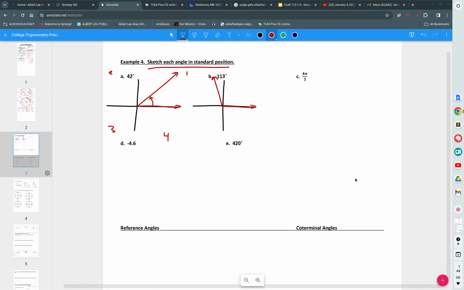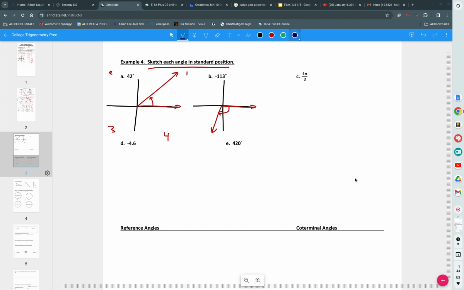So if it's negative 113, you're going to end up in the third quadrant. And so you draw your rotation like that. So again, you need to draw that arrow showing your rotation. And it doesn't have to be exactly 113 degrees. You don't have to get out a compass and a protractor and do that measurement. Just a general description, okay?